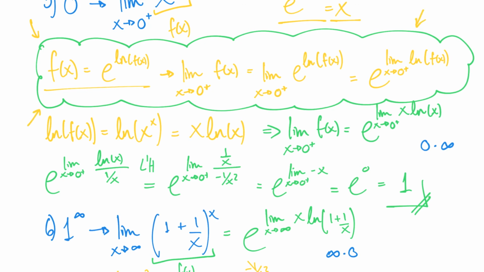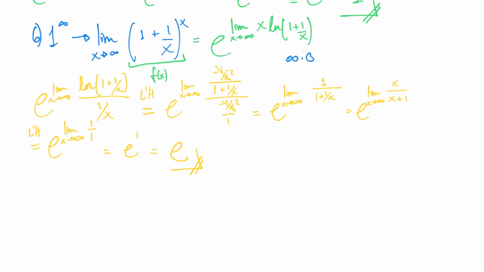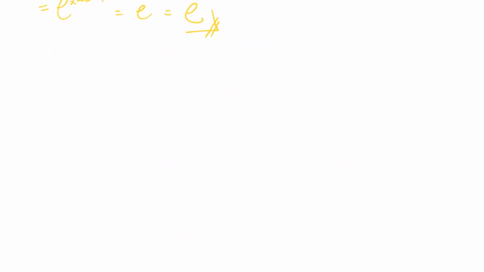Okay? So if you have a 0 over 0, a 1 to infinity, or our last type, which is infinity to the power of 0, we always do the exact same thing. So very quickly, we have the limit as x approaches infinity of x to the power of 1 over x. So I'm going to leave this to you guys as homework, and then you can leave your answers and questions in the comments below.